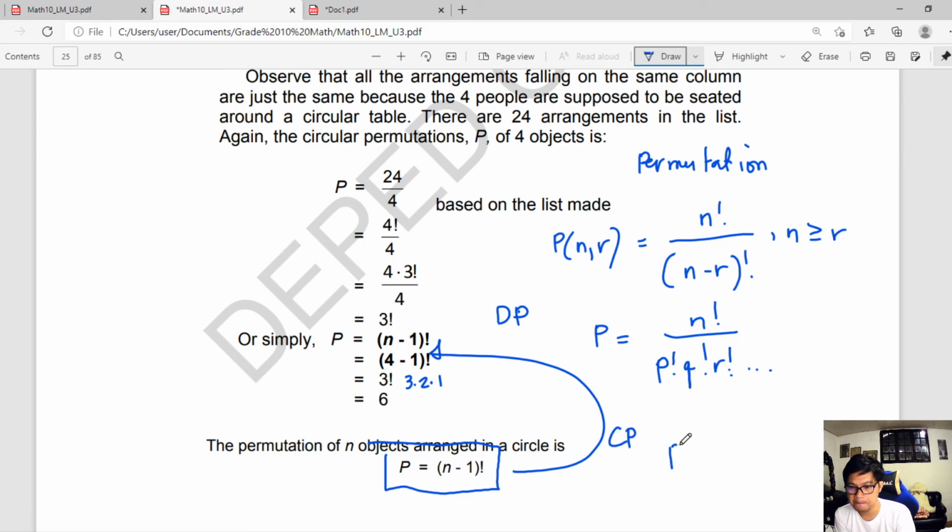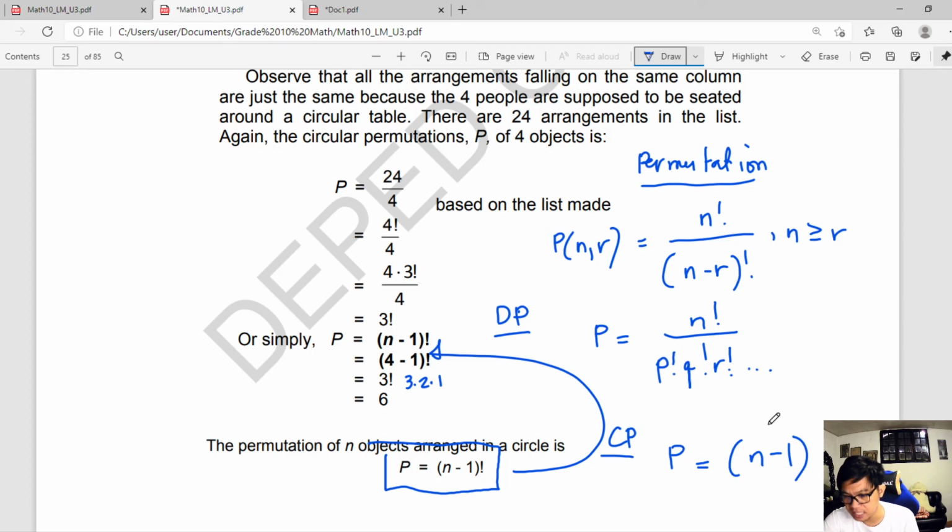So that is P, ito yung permutation in general. So P is equal to the quantity of n minus 1 factorial. So ito siya in general. Ito ginagamit ito pag there is a duplicate, may identical sa ating objects. Itong circular permutation naman, ginagamit ito pag yung arrangement natin is nasa circular.